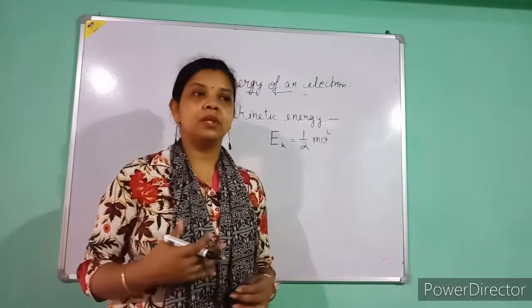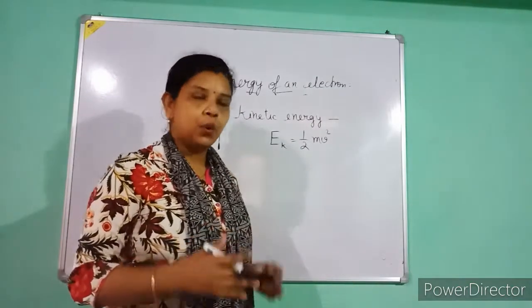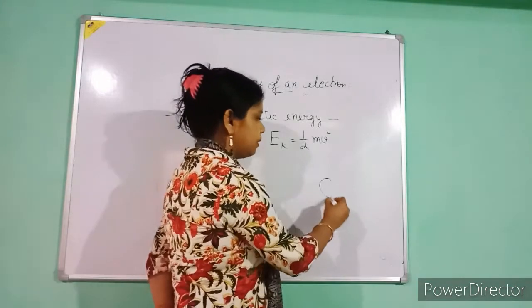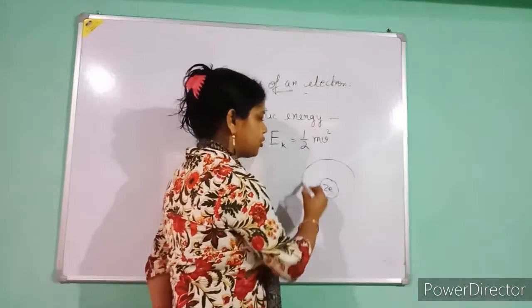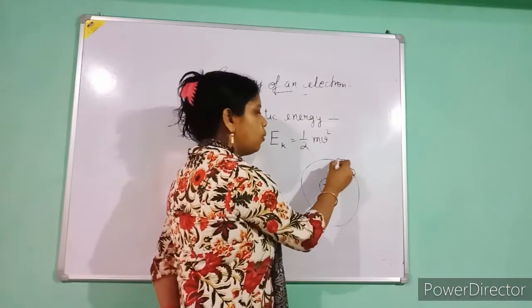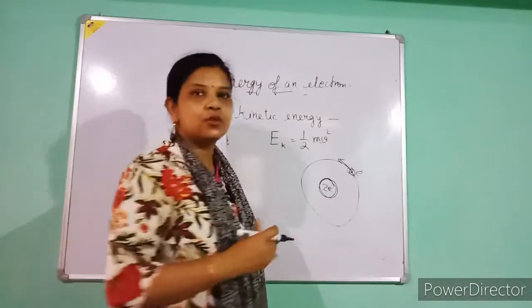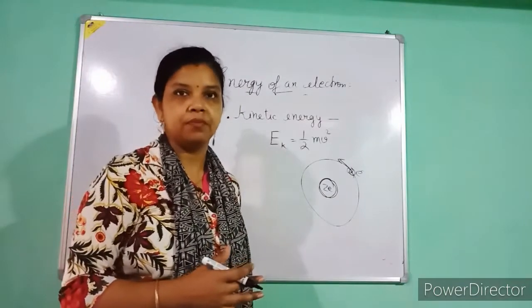While deriving the radius of the Bohr orbit, I hope you remember we studied that this is the nucleus, Ze, and an electron is revolving around it. One is a positive charge, the other a negative charge, so we get an electrostatic force of attraction.